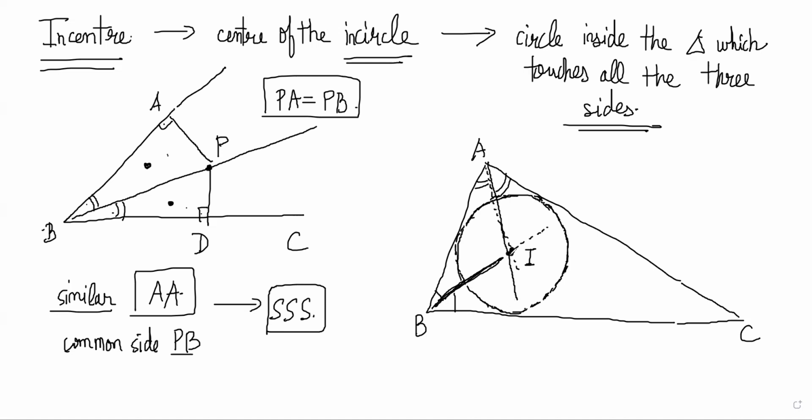So what is special about the common point I? They are equidistant from all, so they will act as the radius. I lies on both the bisectors, so it is at equal distance from all three sides.